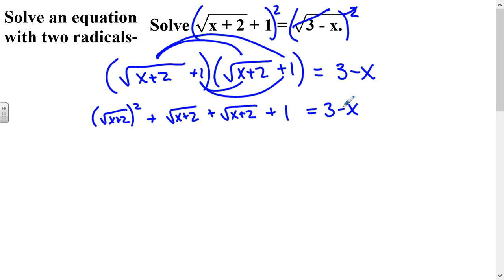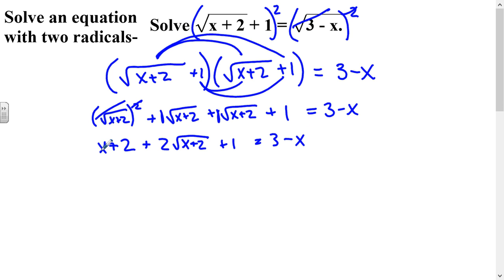So if I have this squared, the square and the square root cancel each other out. So we just get x plus 2. And then right here I have one of these and one of these. So 1 plus 1 would be 2 of them. So plus 2 times the square root of x plus 2. And then plus 1 equals 3 minus x.